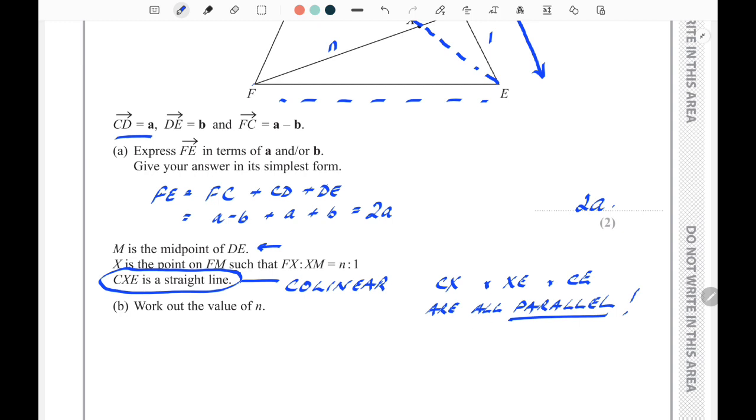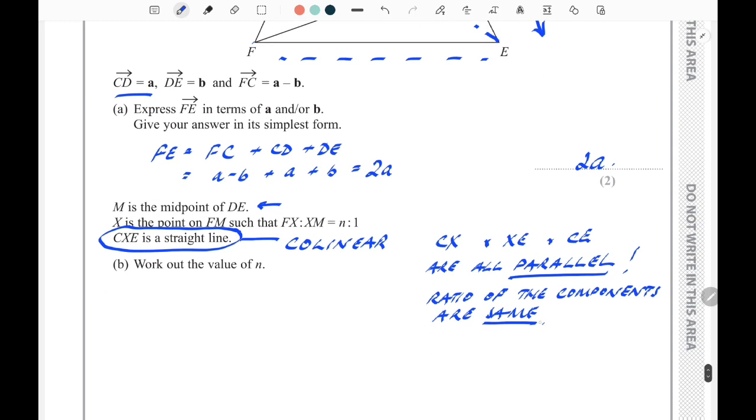And what does that mean if they're parallel? It means the ratio of the components, i.e. A, B, etc., are same.